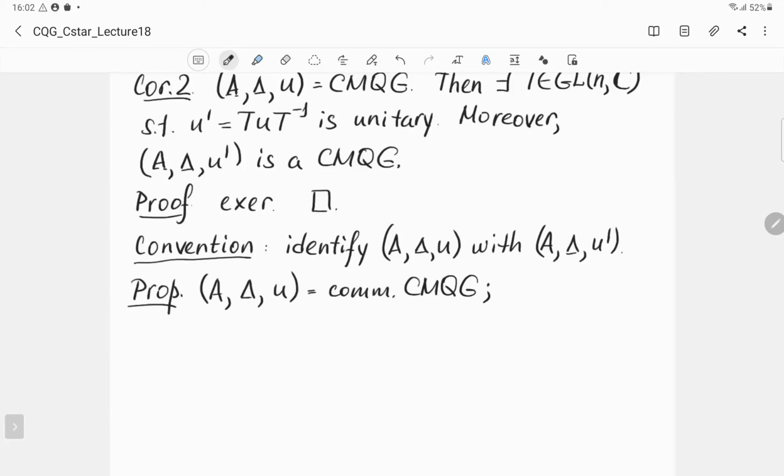We already know that in this case we can assume from the very beginning that U is unitary. And let G denote the maximal spectrum of A. So since (A, delta) is a compact quantum group, it follows that G is a compact group.